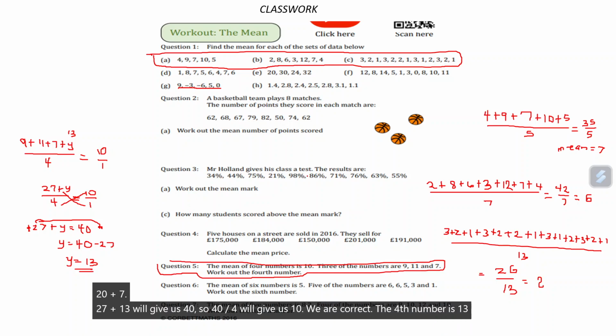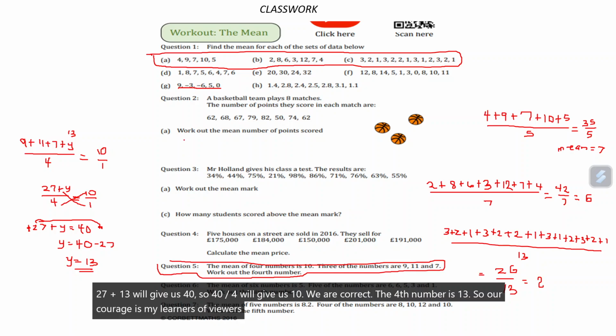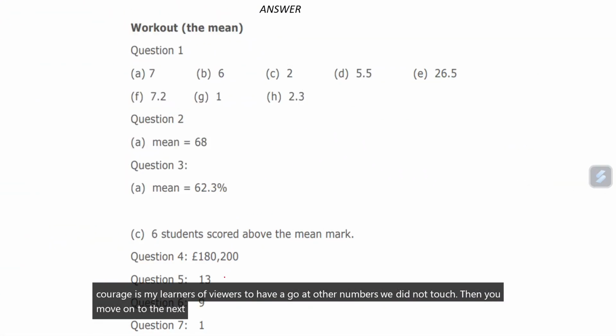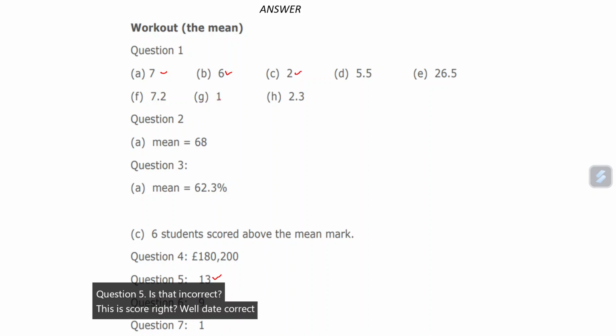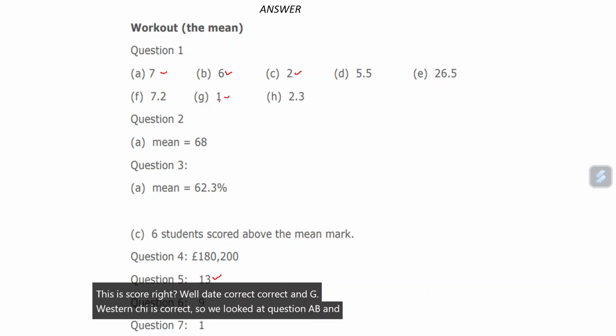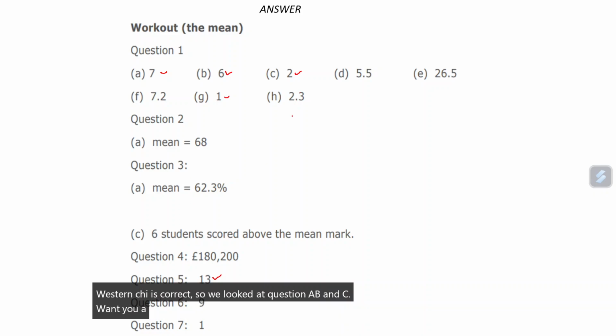So I encourage my learners or viewers to have a go at other numbers we did not touch. Then you move on to the next slide to cross-check your answers. Question 5, is 13 correct? This is correct. What we did, correct, correct, and G. Question G is correct. So we looked at question A, B, and C, 1G, and question 5.